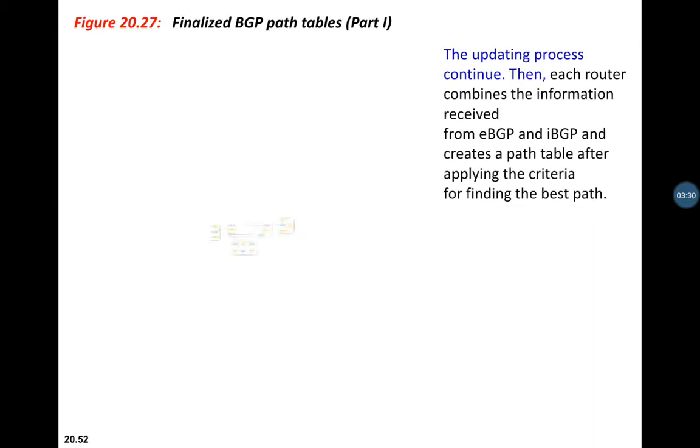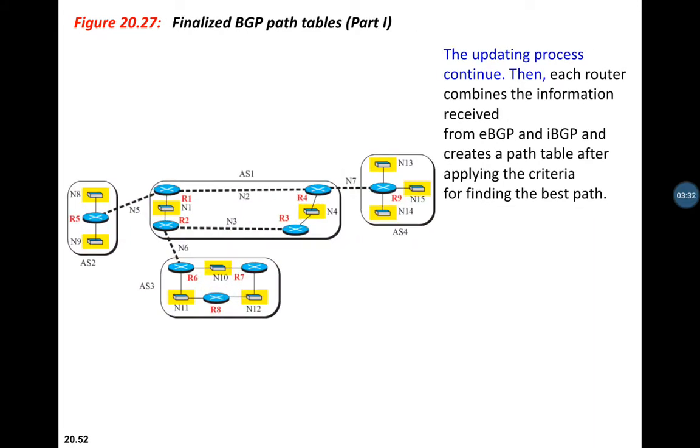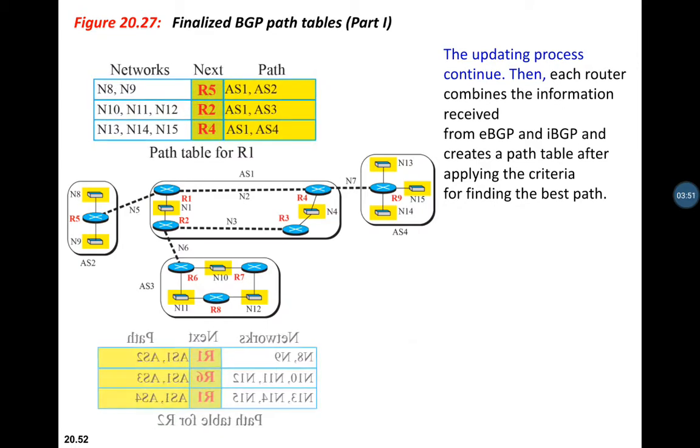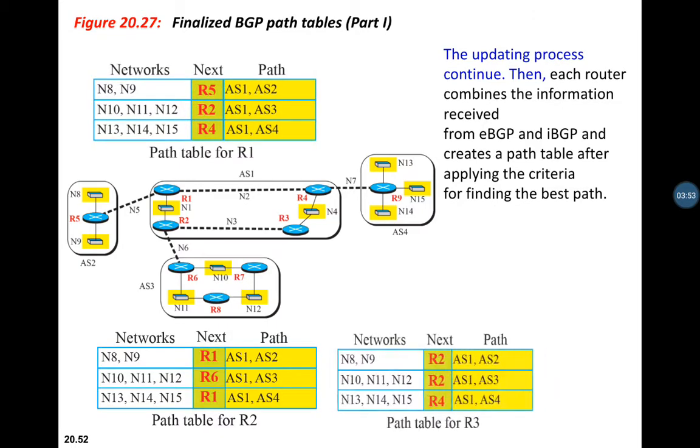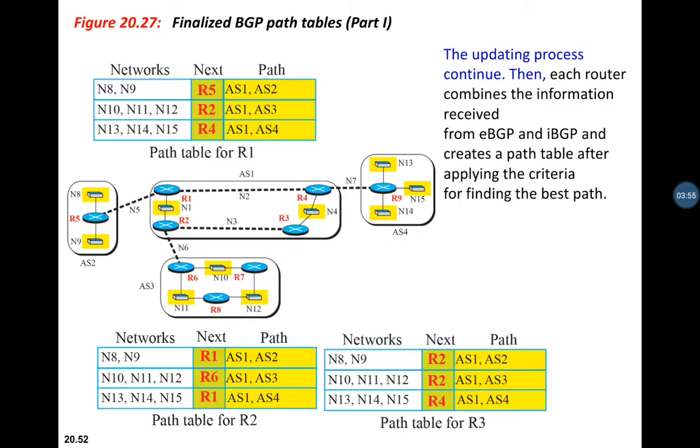Next, the topic is related to the finalized BGP path tables. The path tables are shown here, R1, R2 and R3. Consider the path table for R1.